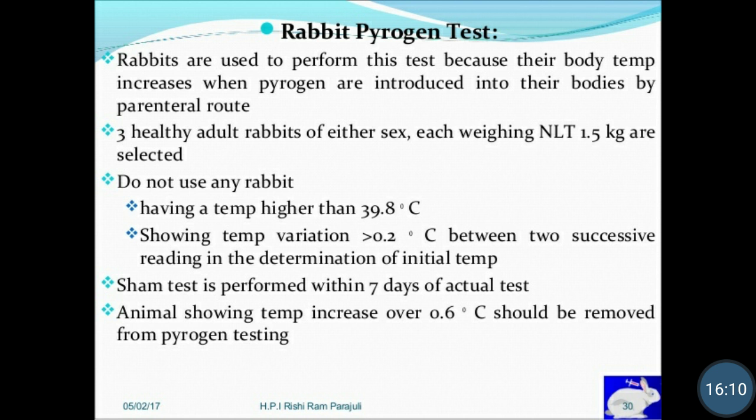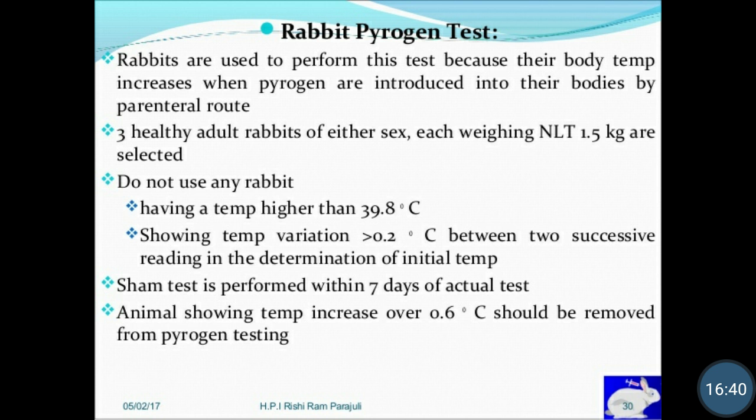Okay, minimum 1.5 kg weight 3 rabbits we have to use here. Also do not use any rabbit having a temperature higher than 39.8 degrees Celsius. If any rabbit has its body temperature higher than 39.8 degrees Celsius, then that rabbit is not used for this testing.